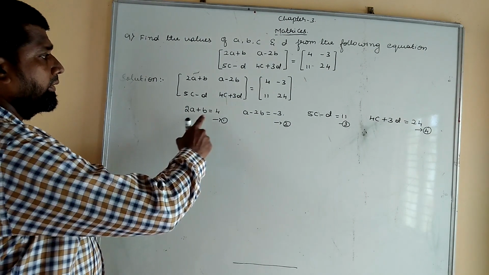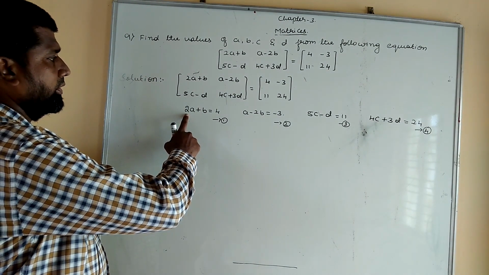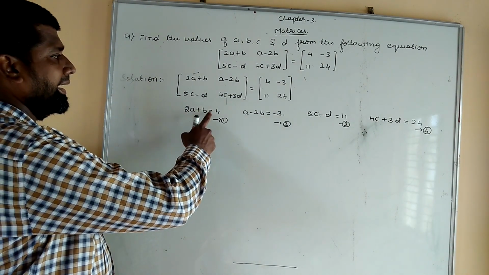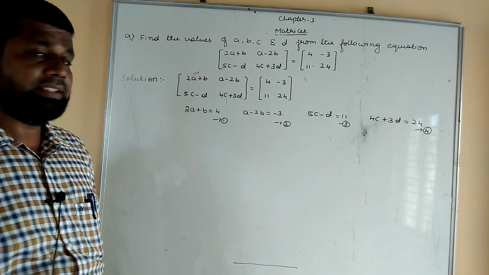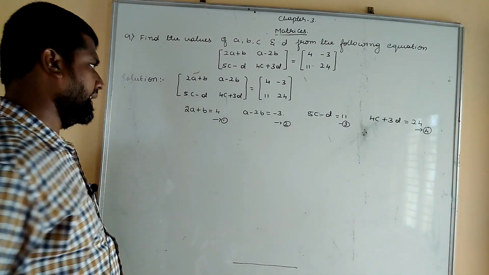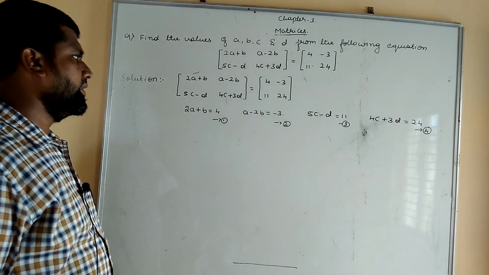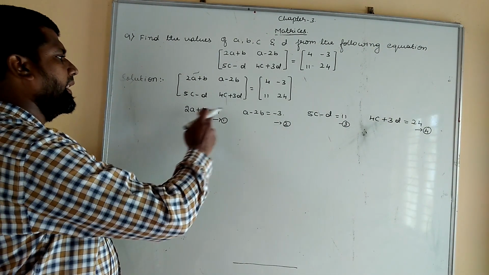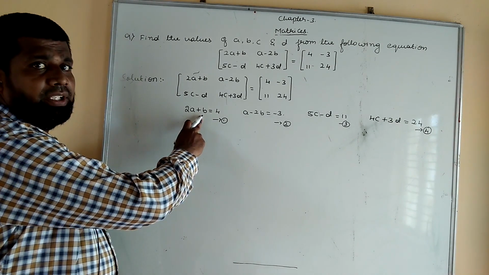So here, in the first equation, 2a plus b is equal to 4 is there. In the second equation, a minus 2b is equal to minus 3 is there. To solve these equations, the variable coefficients should be equal.